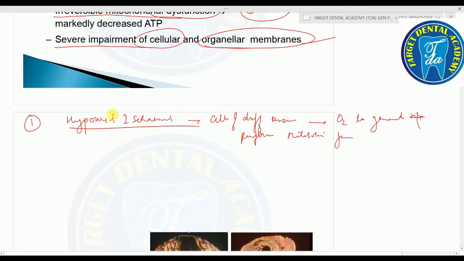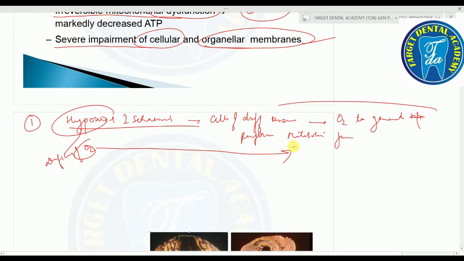Right? When there is deficiency of oxygen, or you can say when there is hypoxia, it results in the failure to carry out all these activities.